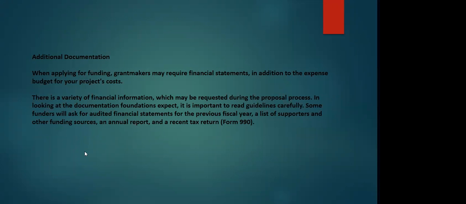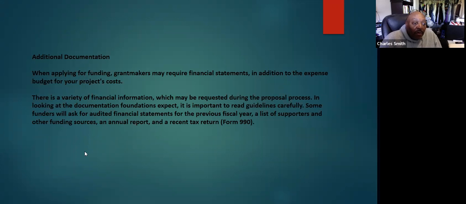Now, there are going to be additional documents, so read about the additional documents. When applying for funding, grant makers may require financial statements in addition to the expense budget for your project's costs. There's a variety of financial information which may be requested during the proposal process.